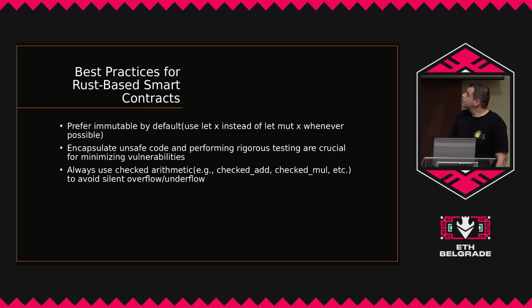Well, last but not least, what are the best practices for Rust-based smart contracts? We should always prefer immutability if it's possible. It's better to use let than let mut if we don't want to mutate state.